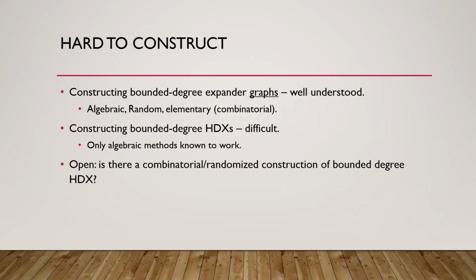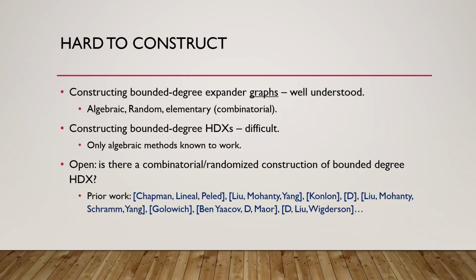In fact, this is a pair of open questions. First of all, do we have a more elementary or algebra-free construction of bounded degree HDXs? And second, can we find some kind of random model to sample bounded degree HDXs from? There's quite a big body of work on these two questions, but the way I phrased it, it's still open. So if you're looking for a nice combinatorial question, this is a good thing to think about.